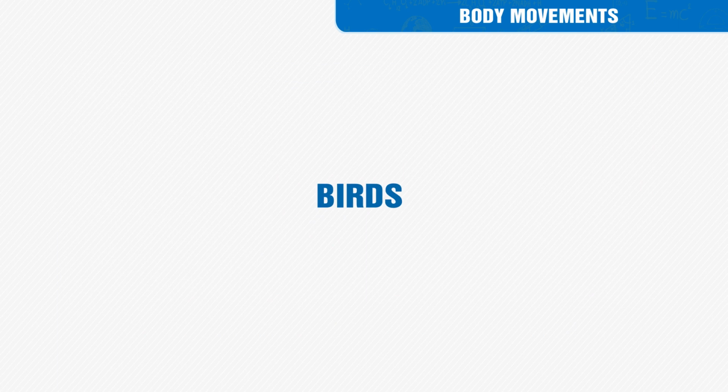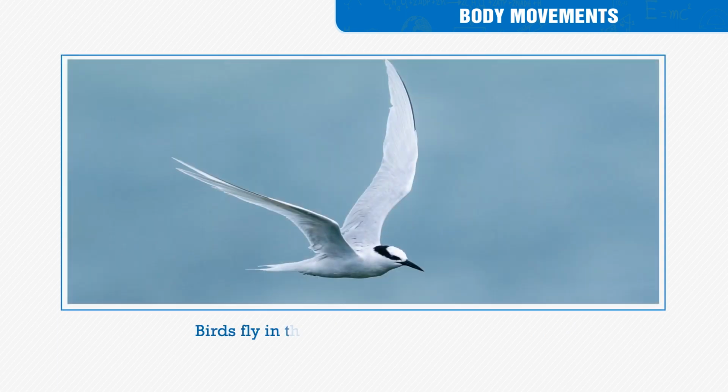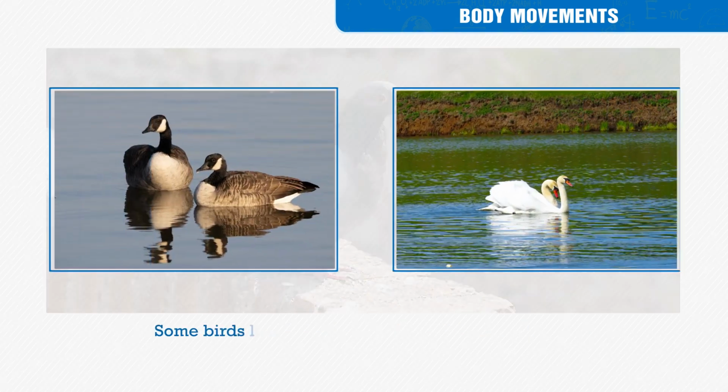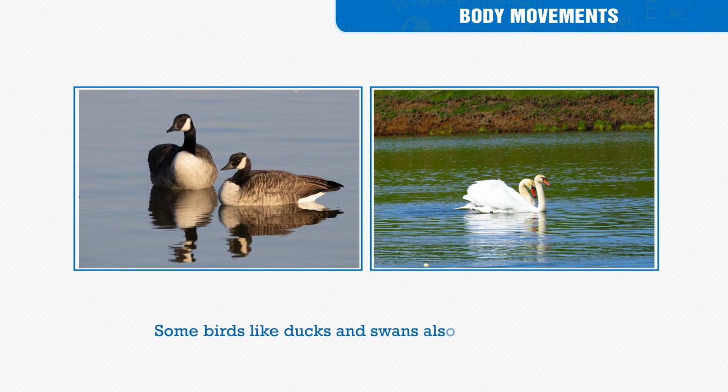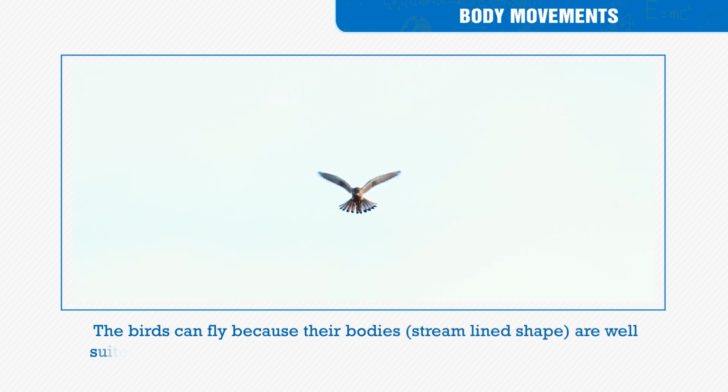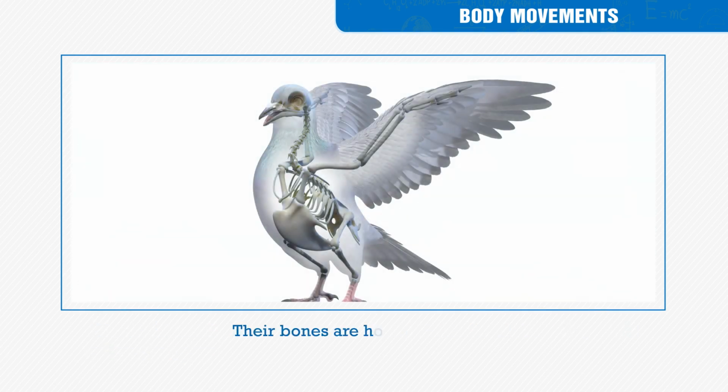Birds. Birds fly in the air and walk on the ground. Some birds, like ducks and swans, also swim in water. The birds can fly because their bodies, streamline-shaped, are well suited for flying. Their bones are hollow and light.